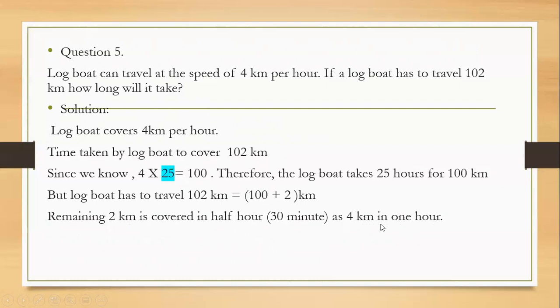From this information, you can calculate very easily. If 4 kilometers is covered by the logboat in 1 hour, then 2 kilometers the logboat will cover in 30 minutes or half an hour. So you will add the time. The total time is 25 hours 30 minutes.